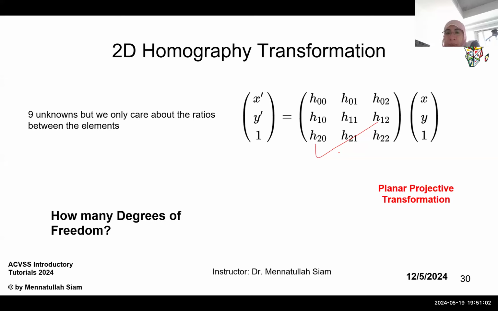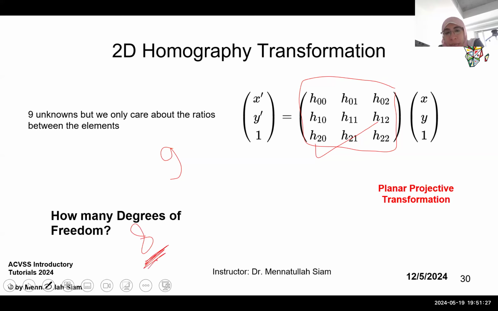So for the affine, we had 6 degrees of freedom. For the homography, we have how many? Anyone wants to suggest? Loyan, yes, thank you, 9. That's the most intuitive answer, sure, because we have a 3 by 3 matrix, we have 9 unknowns. However, it is not 9, it is actually 8.